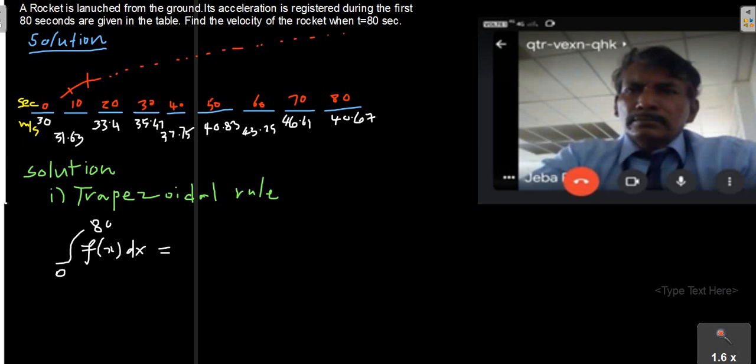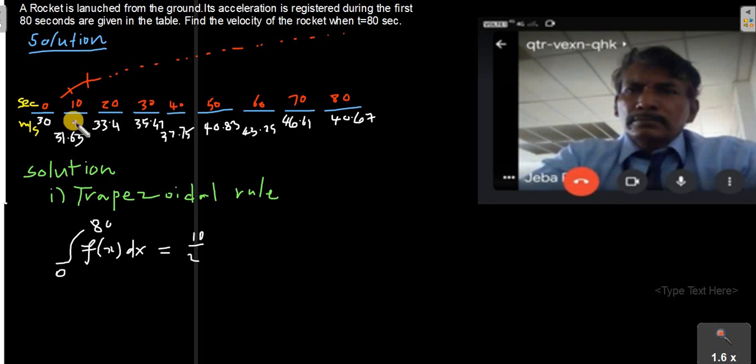So here the y ordinates are velocities. The first velocity is 30, the second velocity is 31.63, the third velocity is 33.4, the fourth velocity is 35.47, and so on. Okay. Now we are going to apply the trapezoidal rule that says h by 2.